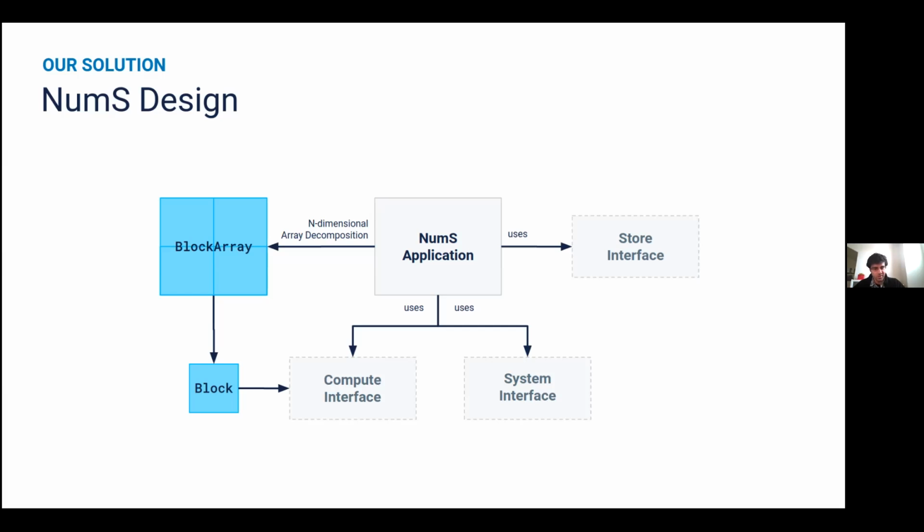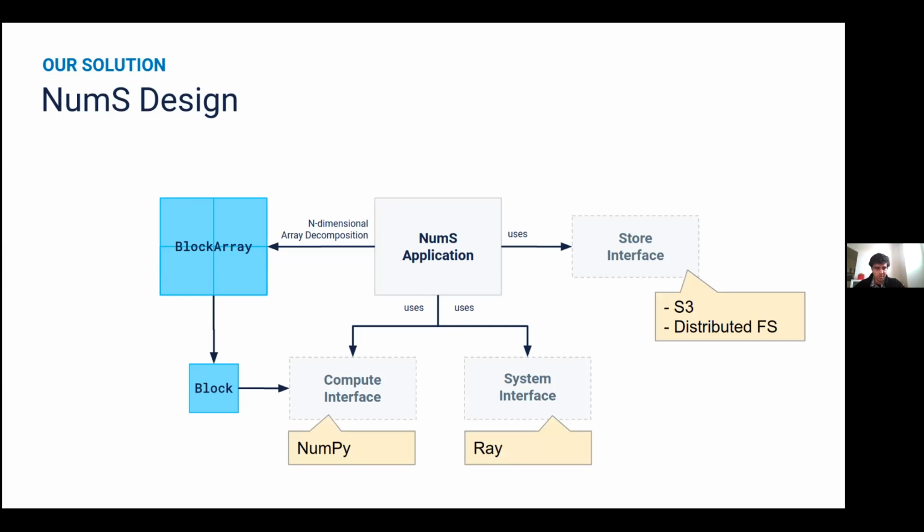The compute interface carries out those operations using the system interface. Finally, we have a store interface to load data that's external to the system into Ray in an efficient manner. In its current state, the compute interface is NumPy, the system interface is Ray, and the store interfaces are S3 and distributed file systems.